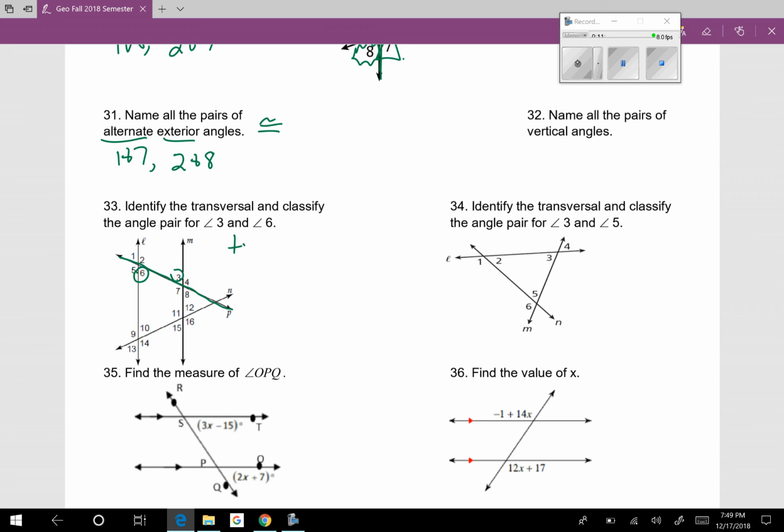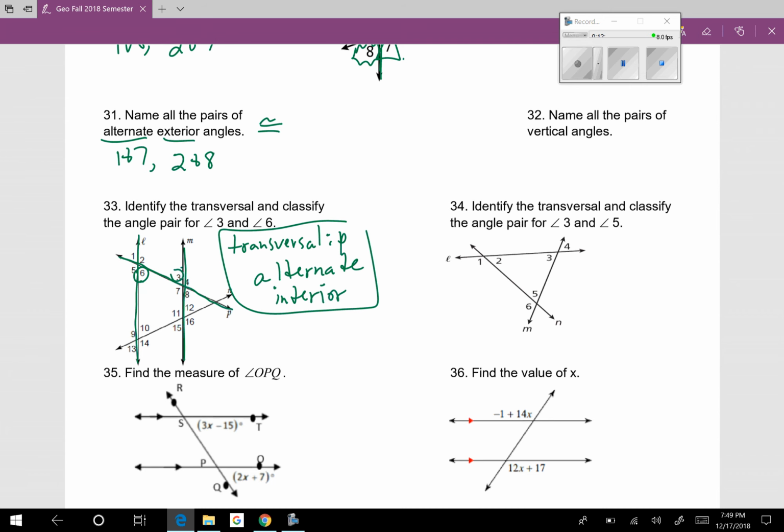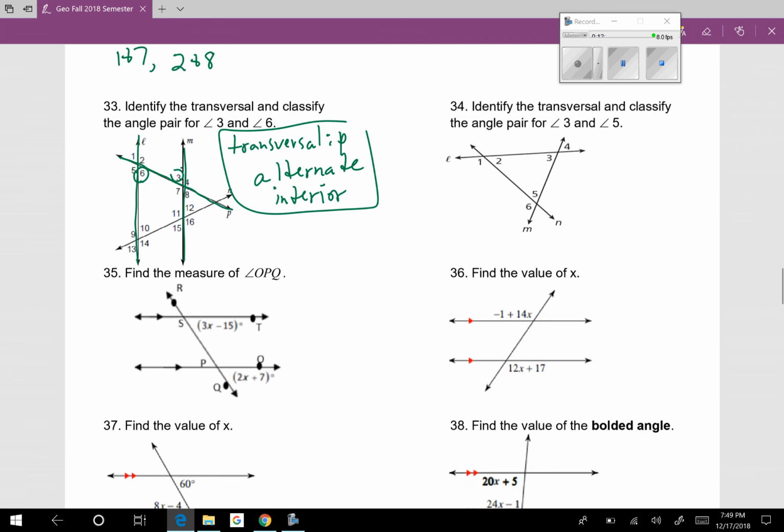P. So your transversal is line P, and then your parallel lines are L and M. Okay, and so right here we see that 3 and 6 are between the parallel lines, but they're on different sides of our transversal, so they are alternate interior angles. Okay, so they're on transversal P and they're alternate interior angles.